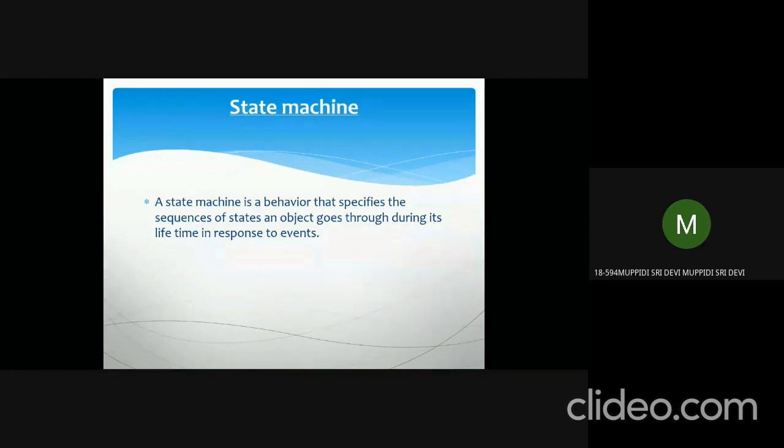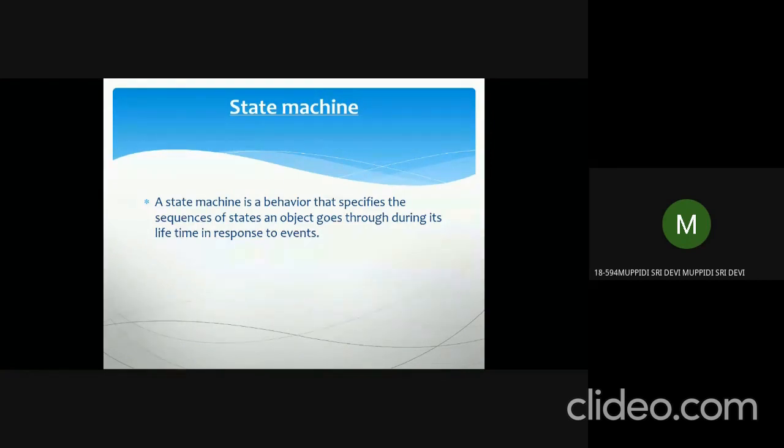In these diagrams, we discussed a group of objects, how they are collaborating, how they are working together to perform a task.